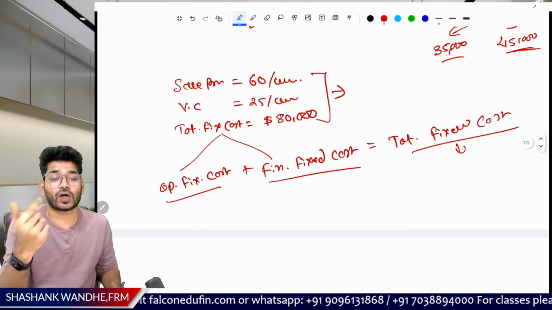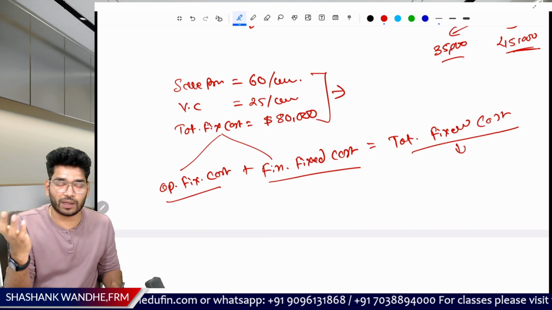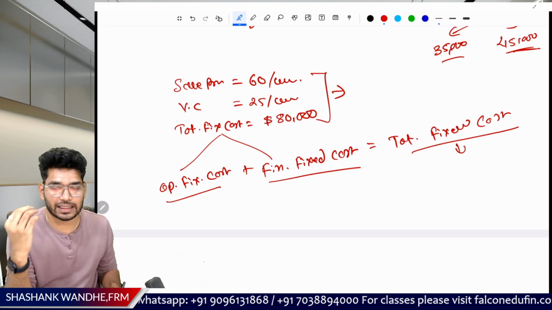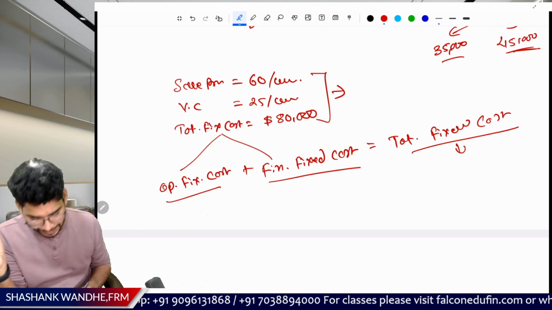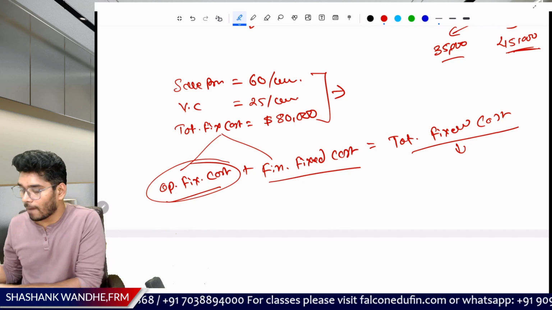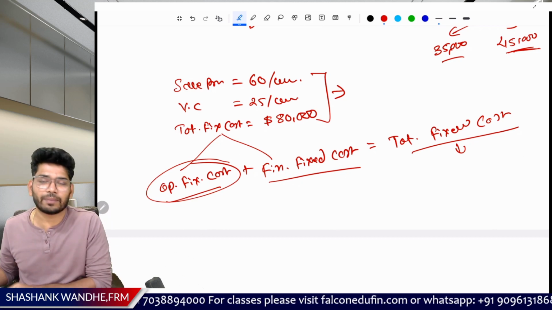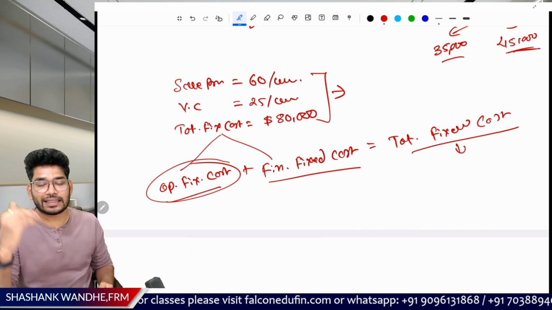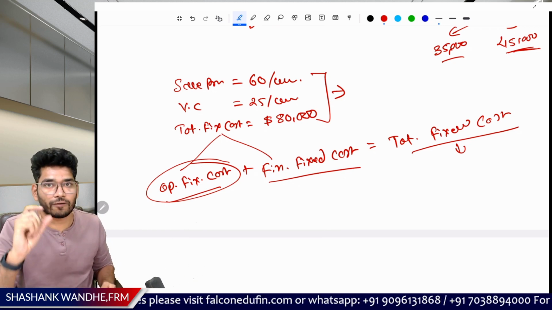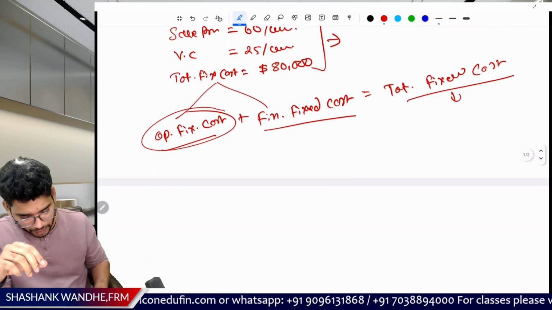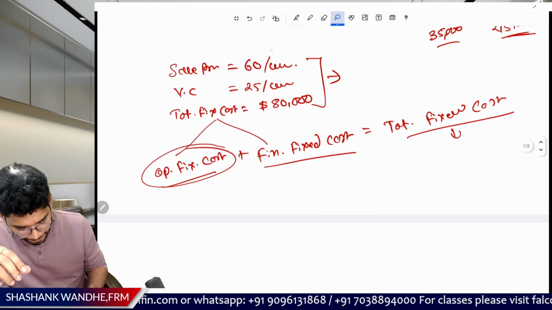If you use total fixed cost in the numerator, this is your BEP, the total BEP. We don't call it the total BEP, but in your mind, you have to think of it as the total BEP. But if you only consider the operating fixed cost, then this is the operating BEP. And the meaning is very simple. Operating BEP is the break-even point which is able to cover your operating fixed cost only. Now we will use the same example.